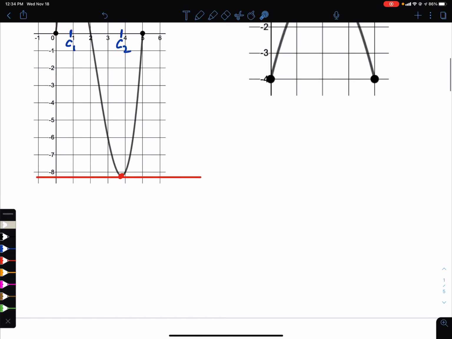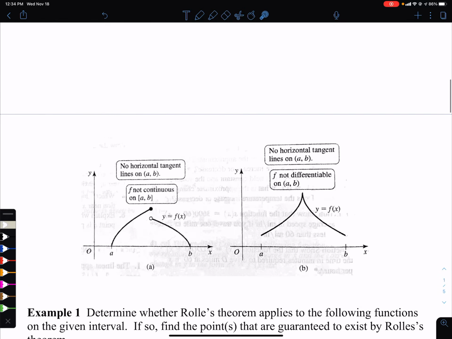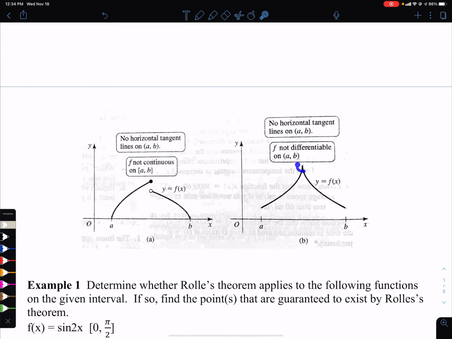Okay? The second condition says it must be differentiable on the interval. Well, I have an example where it's not differentiable. There's a sharp point, and we know the derivative does not exist there. It's continuous everywhere, but not differentiable. So therefore, let's take a look. F of A and F of B, man, those are equal. They have the same y value.